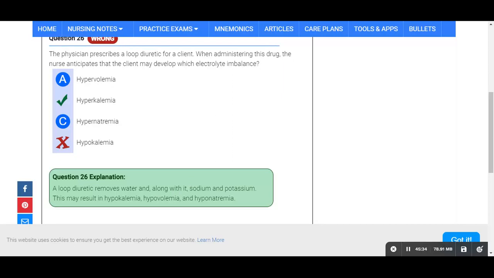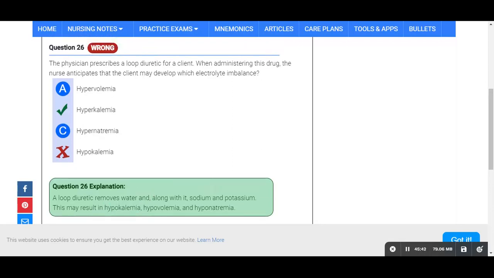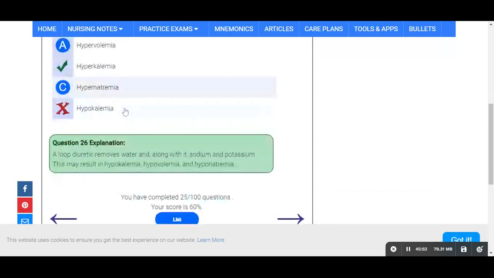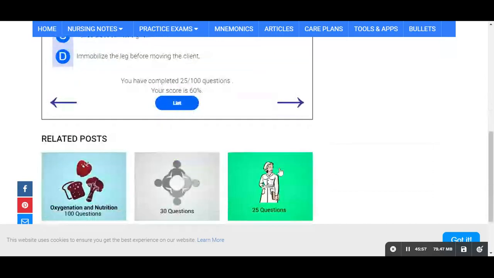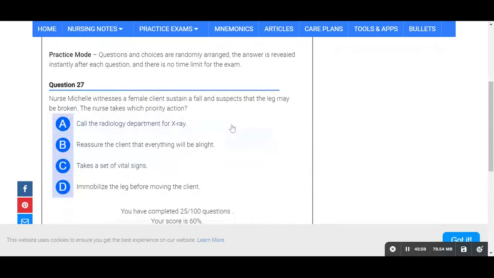I got it correct. Look at this, this is hypokalemia. The sodium, the fluid and electrolytes are being released through the diuretic. That's its mechanism of action. So typically, hypokalemia is the correct answer, not hyperkalemia. I think the creator of this website just made a mistake on this part of the exam.